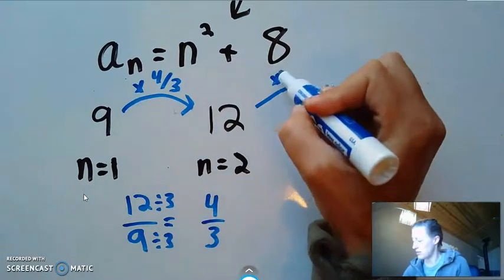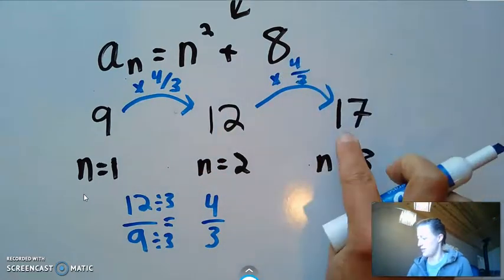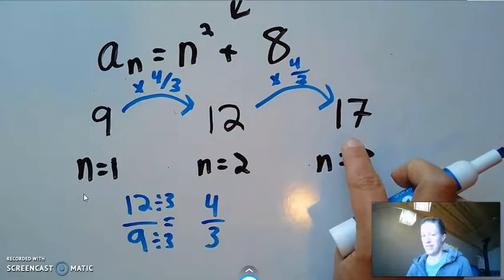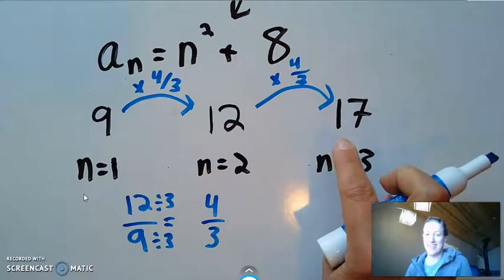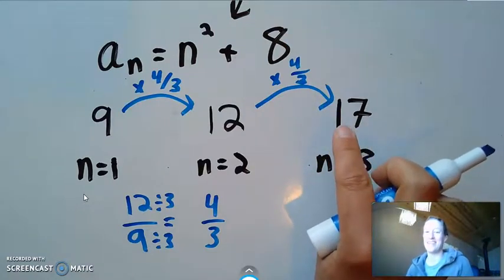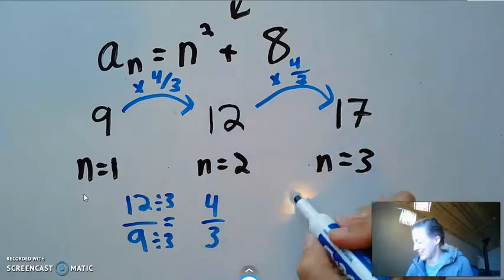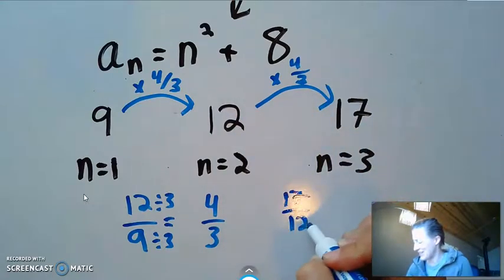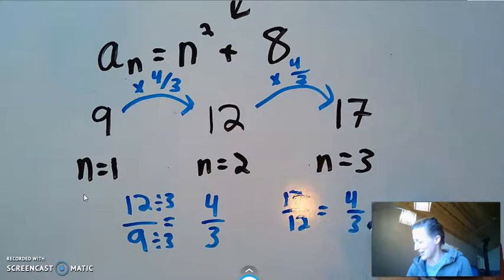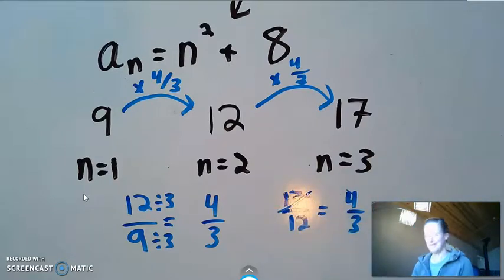Let's try 12 times 4/3 and see if we can get to 17. It doesn't. It's not 17. Or another way you could think of it is the third term divided by the second term, 17/12, and see if it reduces to 4/3 again. But it doesn't. This would have to be something other than 17.